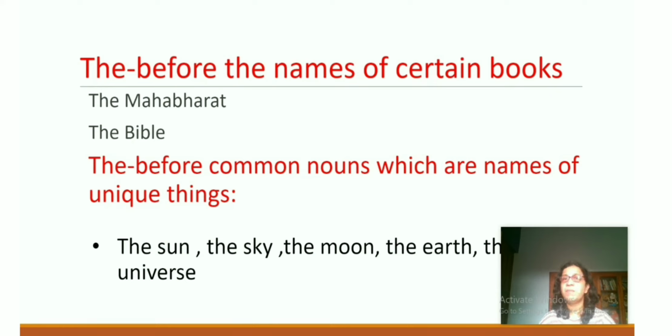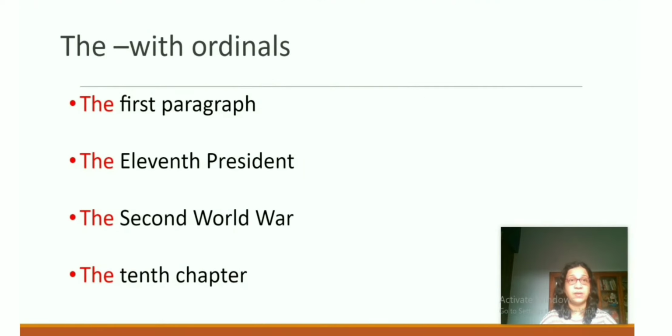You say the Mahabharata, the Bible, the Ramayana. The is also used before common nouns which are names of unique things like the sun, the sky, the moon, the earth, the universe. And also if it is a unique post like the president or the pope, you use the definite article the there as well.